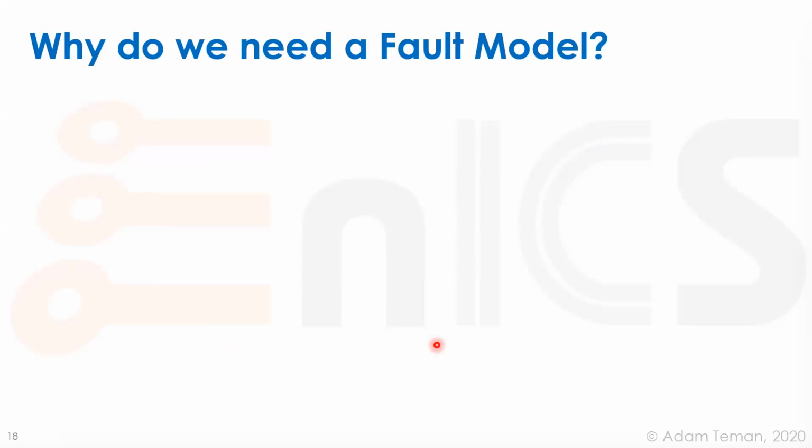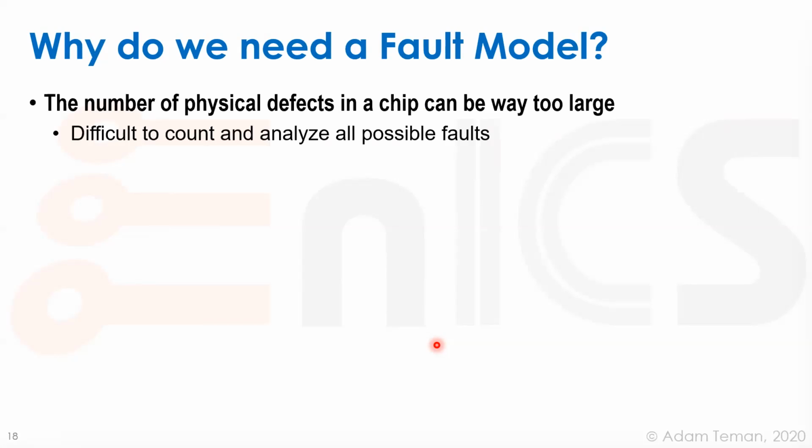So the question is, I discussed this abstract thing, this fault model. Why do we need such a thing? Okay, so the problem is that the number of physical defects in a chip is really big. We saw that each piece of metal can have an open or a short, or different types of weird things can happen. And I think it's actually infinite, the amount of things that can happen. So we can't count it.